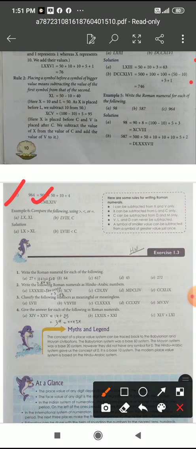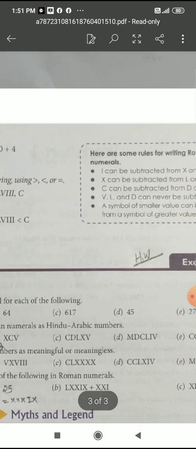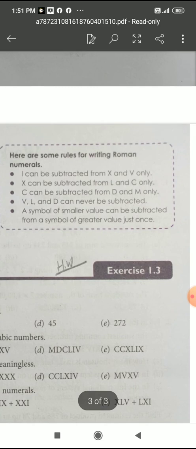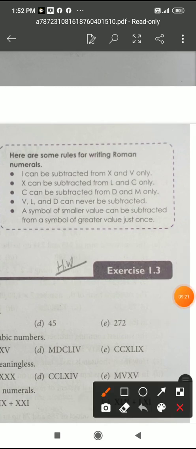Then very important, this box. You remember, these are the main rules for Roman numerals. First one is I can be subtracted from X and V only.